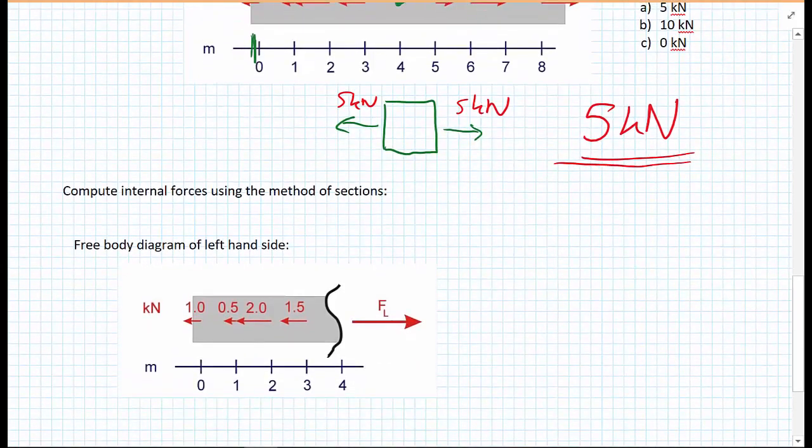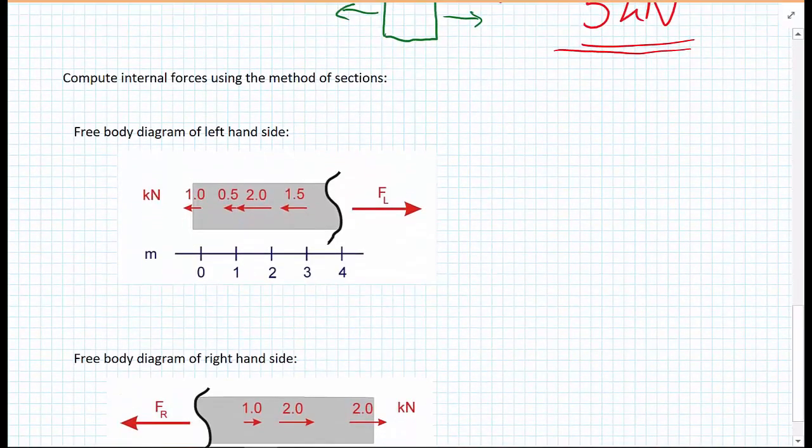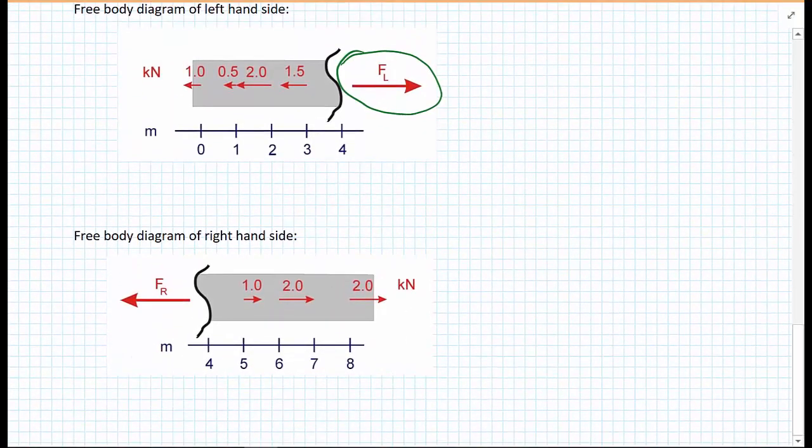And the other way we can think of how we do this is we can use, like in trusses where we had a method of sections, we use the method of sections and we can apply a cut wherever we want to identify our internal forces, and where we make that cut, the force that we require, FL in this free body diagram for the left hand side, that FL is the internal force that must be coming from the material and acting on the left hand side.